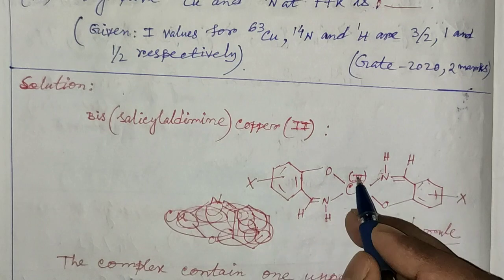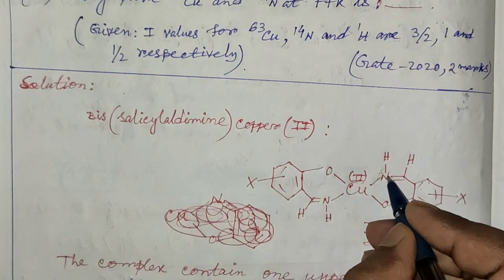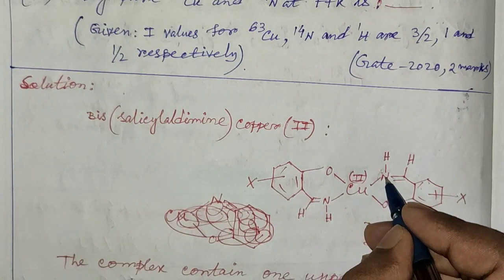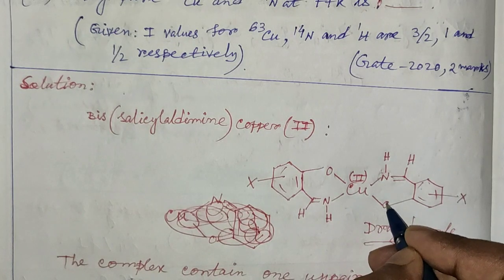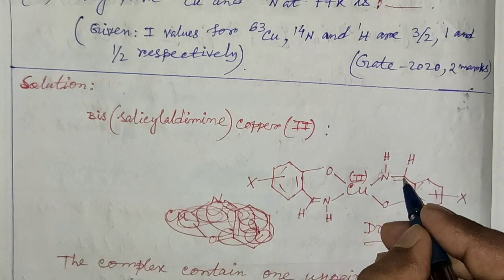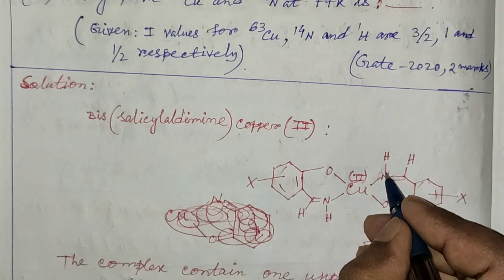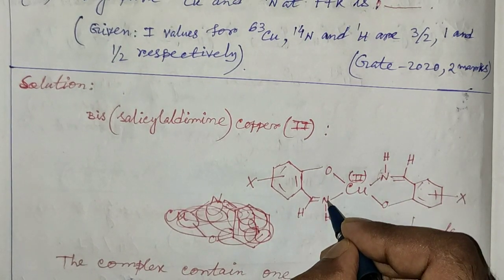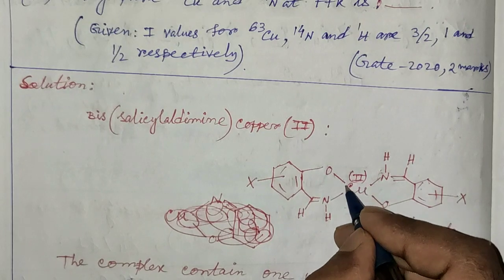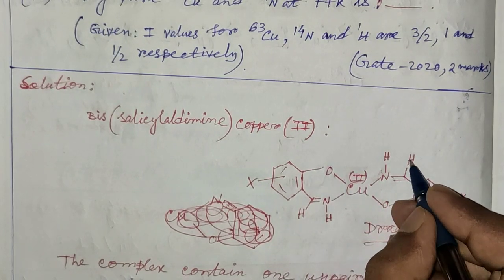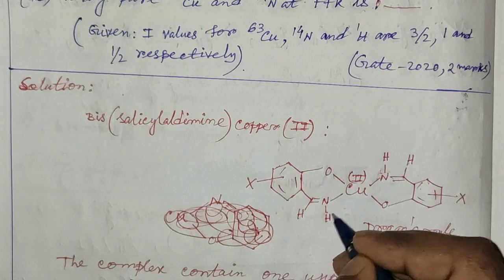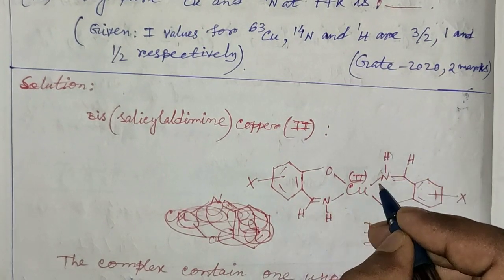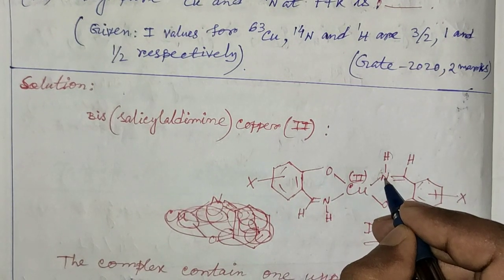Now from this structure we can see that nitrogen is magnetically active, oxygen is magnetically inactive and carbon is magnetically inactive, so these 2 nitrogens will split the lines that arise for copper(2+), and these 2 hydrogens cannot split the line since they are attached to a magnetically active nucleus.